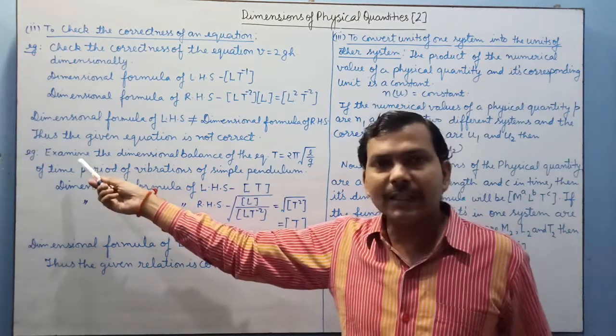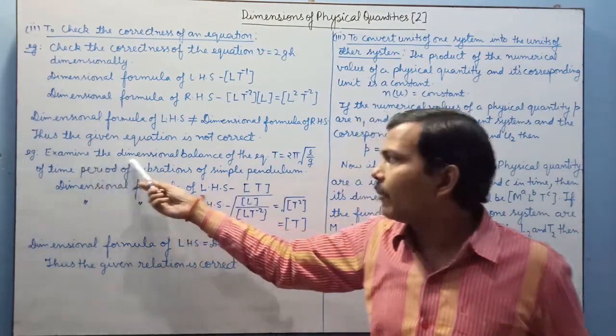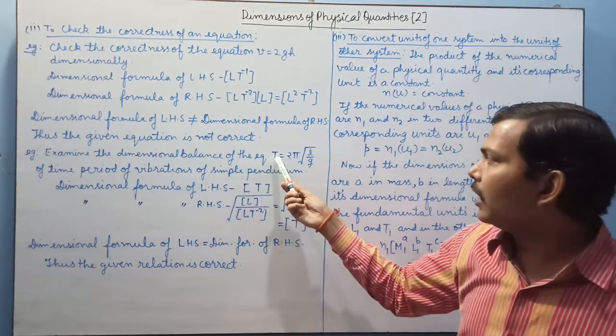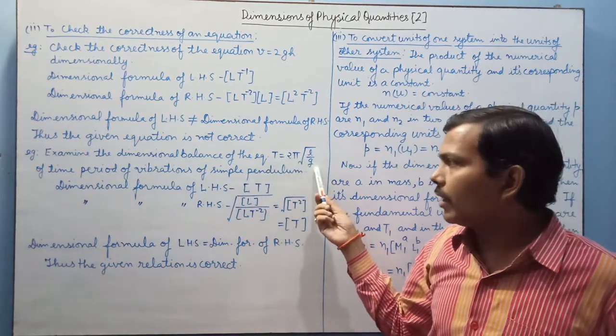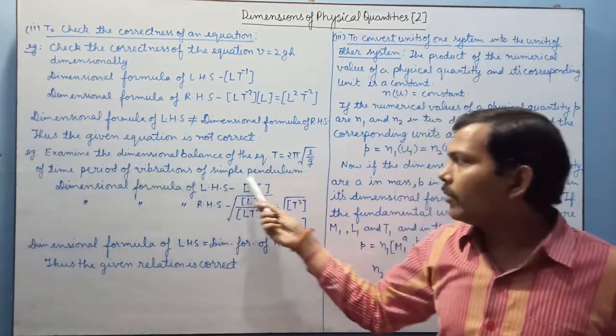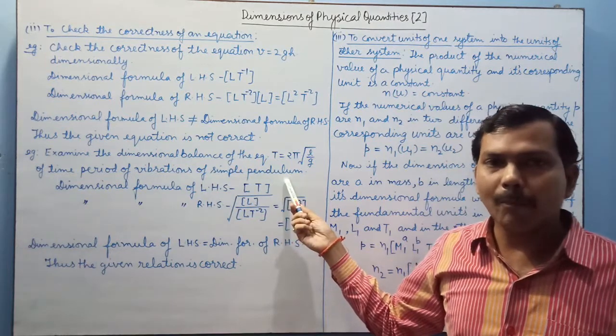Now we will consider one more example. Examine the dimensional balance of the equation T = 2π under root L by g, for the time period of vibrations of a simple pendulum.